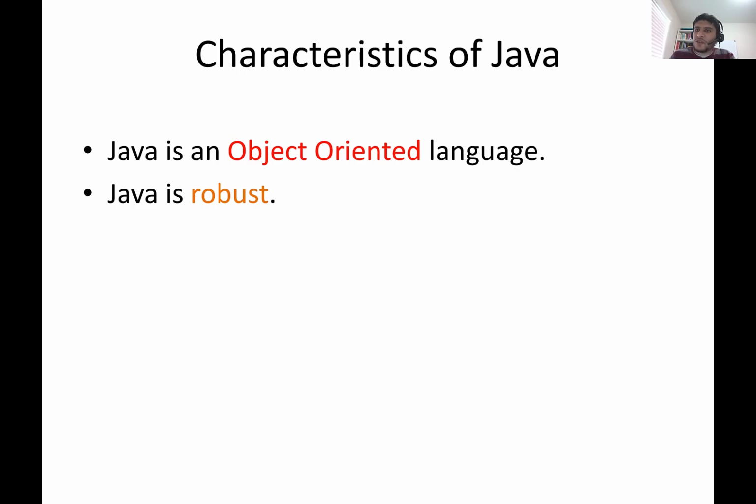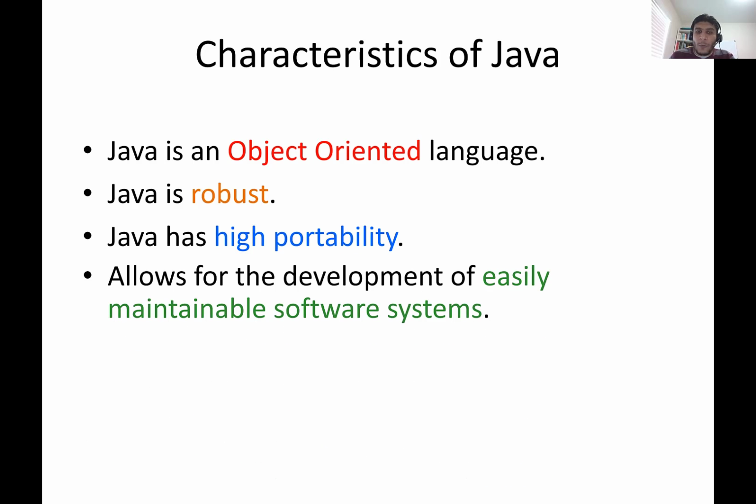The other advantage is that Java is very robust. We will see now what we mean by being robust, and it is highly portable. Why is it highly portable? Because in Java, as we will see in detail in a few minutes, it's not like C. In C, you need to compile your program and have an executable or binary, the exe file that you generate, and this one is specific to your operating system and hardware.